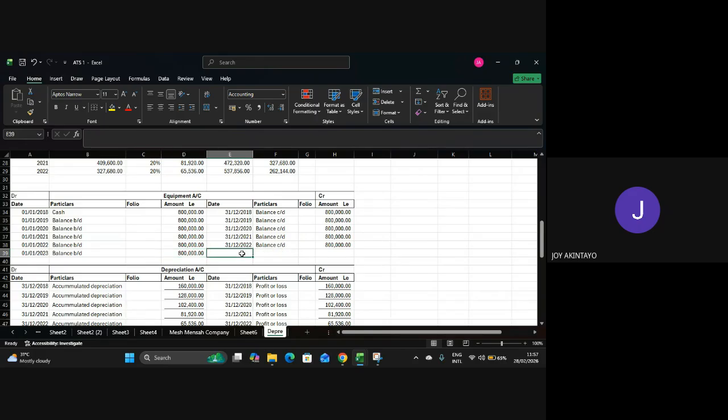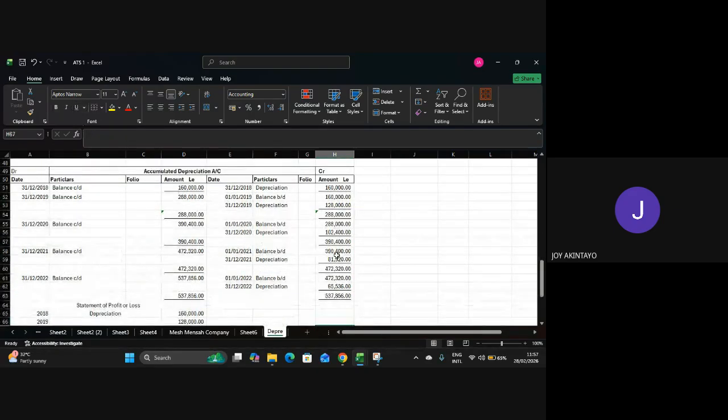On 2/1/2023, we transfer this because we've been told that the asset has been disposed of. We now say disposal account, 800. We've closed the equipment account because the asset has been sold off.